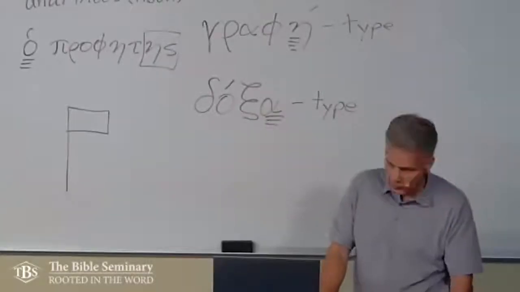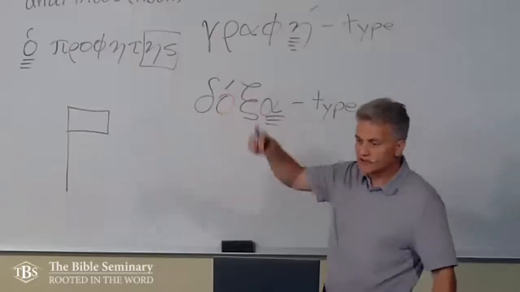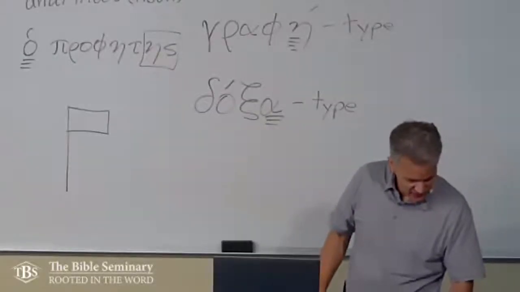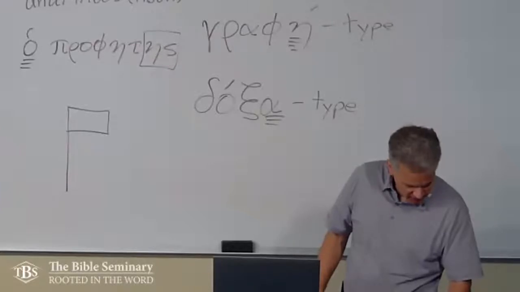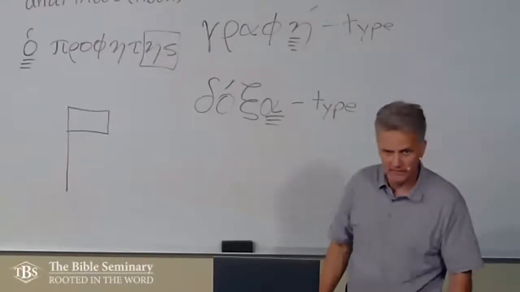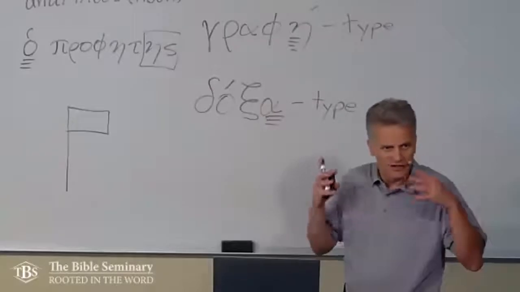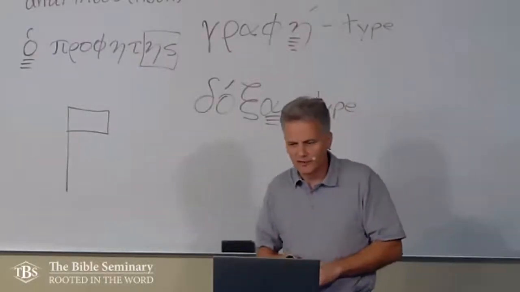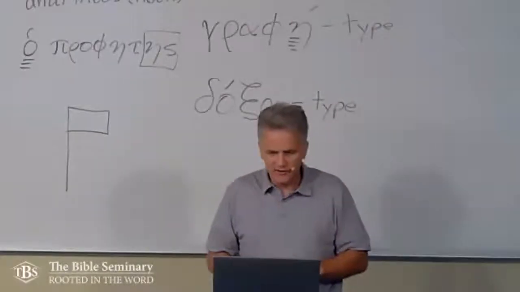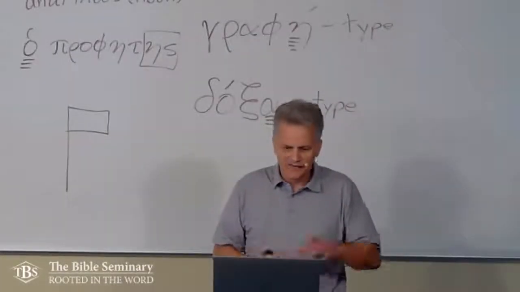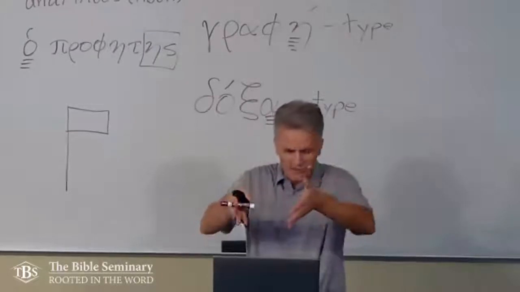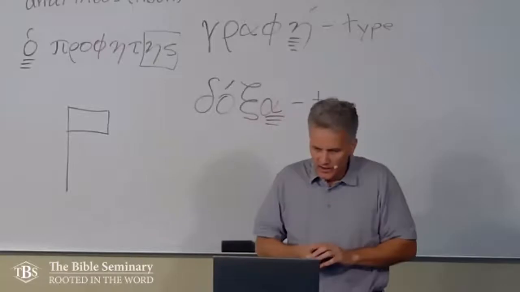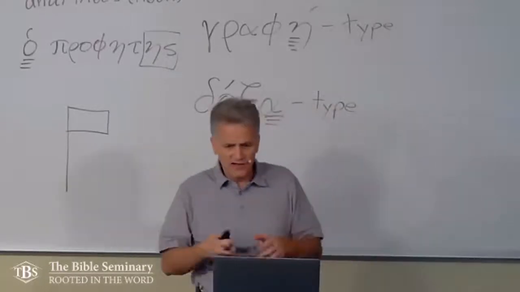Oh, I just wanted you, while you're looking at this slide, to compare it to the final column at the top in 614. Ergon, ergon, erga, erga, right? That's a nice word, the word for work, declined here for you in its various forms. That will show you what's going on here when I'm talking about the on versus the ah. All right, any other question on declining neuter nouns?